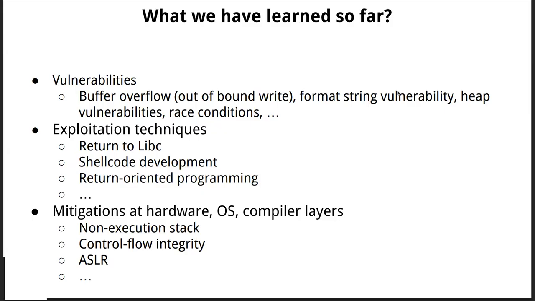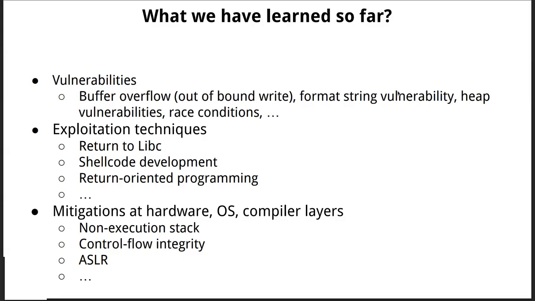Then we also learned several different kinds of exploitation techniques, starting from return to a function in the address space, return to a C library function, then we developed our own shellcode. Then we learned how to do return-oriented programming, where you do not need to return to a full function, but just return to some code sequences, some gadgets in memory.